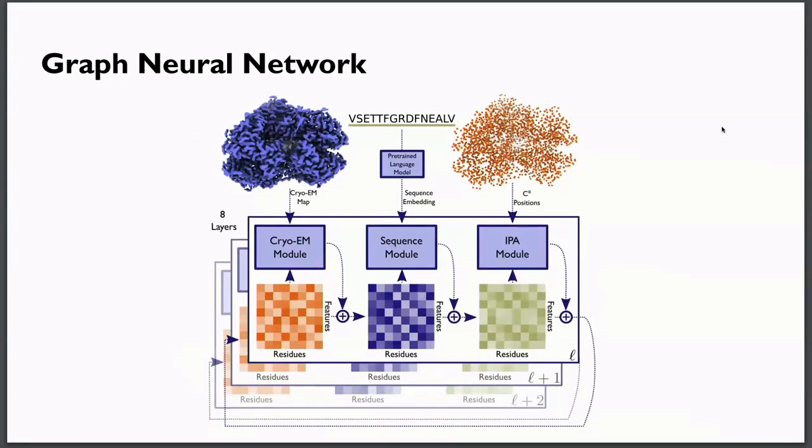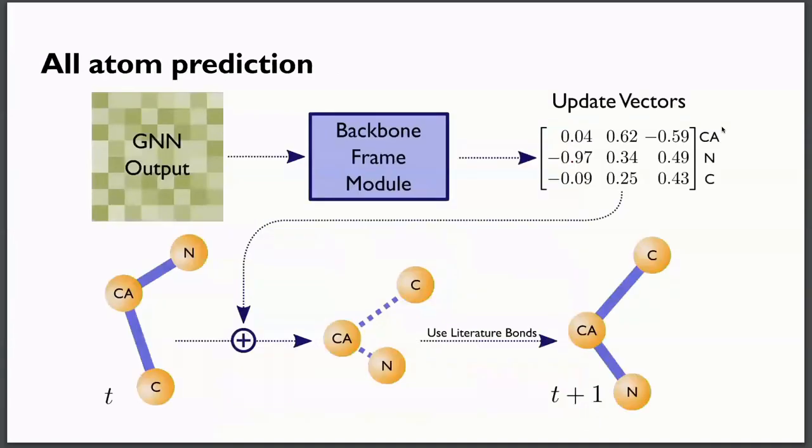And so far, all I've said is how these node features are basically getting enriched after each application of each module. And then this also happens in 8 layers. So this goes back from the IPA all the way to the cryoEM again, and so on. But how this actually results in an atomic model is you take these features from the graph neural network and you put it through different modules that each update a specific thing in your initial model.